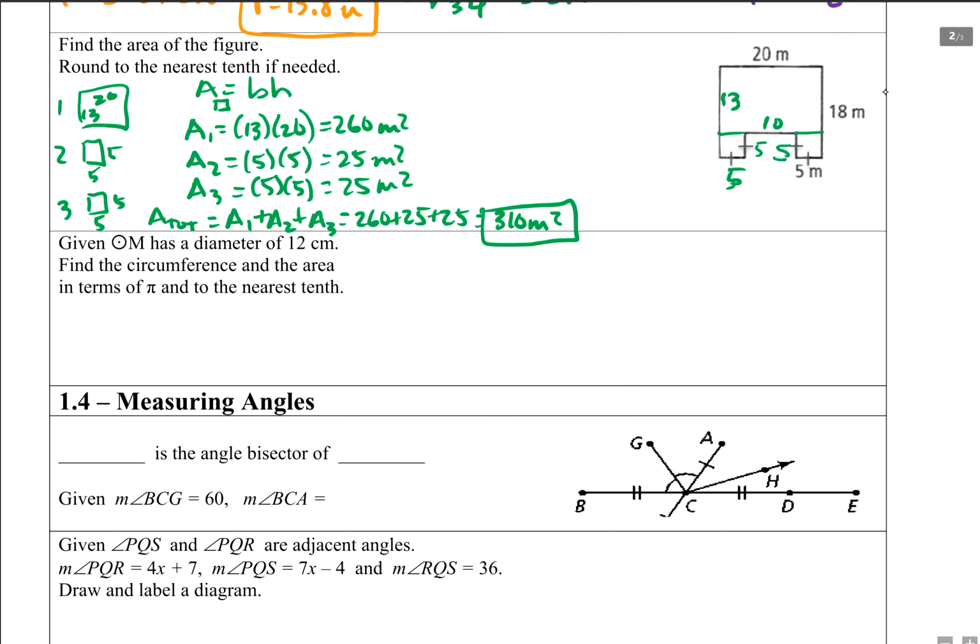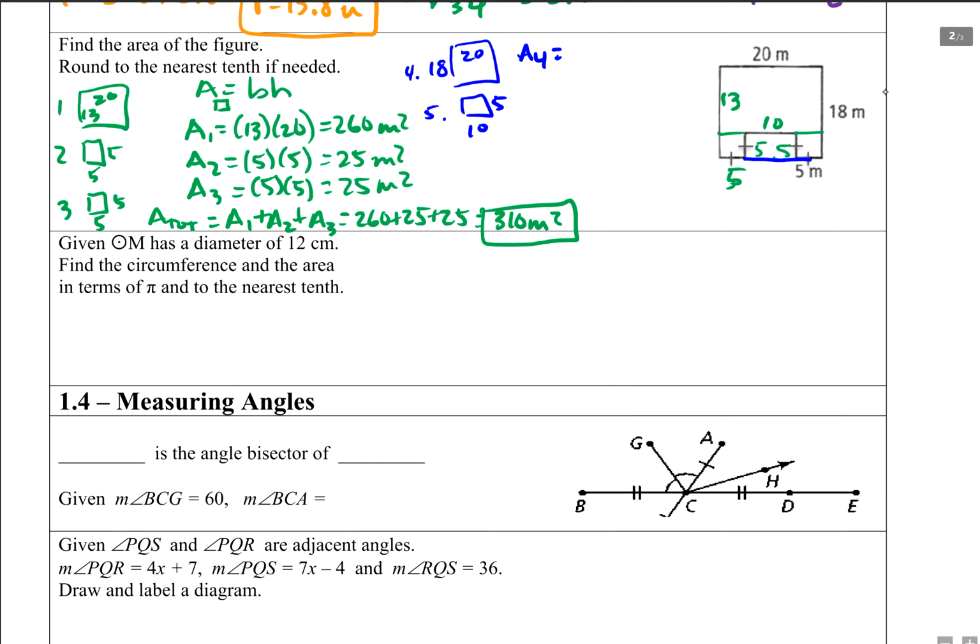Okay, what if we cut that piece out instead? Then I would have a rectangle that is 20 by 18. Okay, and I would have another one down here at the bottom that is 5 by 10. And so the area of my first one here, we'll call this one number 4 and this one number 5, so we don't mix them up.